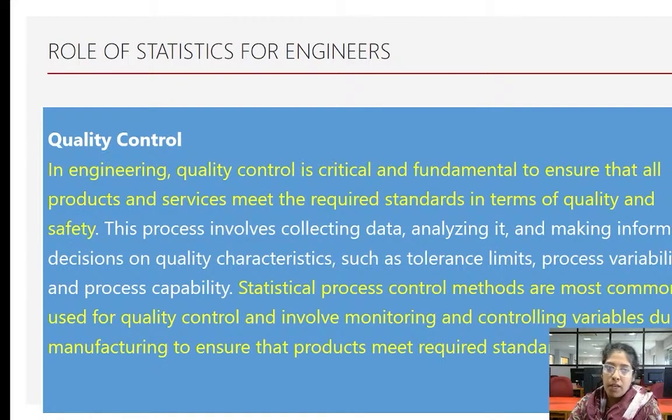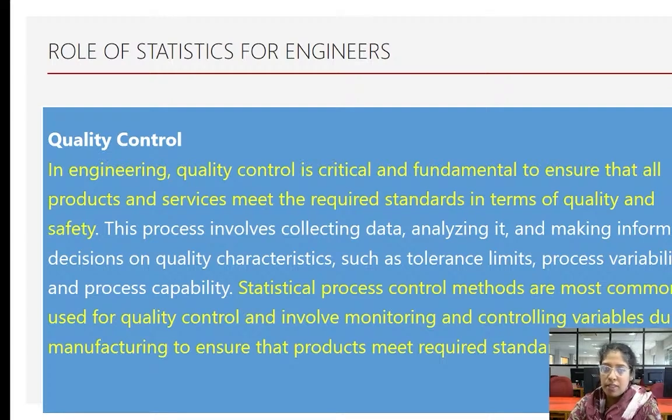And to talk about quality control, of course, in engineering, the major phenomenon is quality control, with this being a critical and fundamental issue, which makes sure the products and the services which are given will meet the required standards, both in terms of quality and safety.